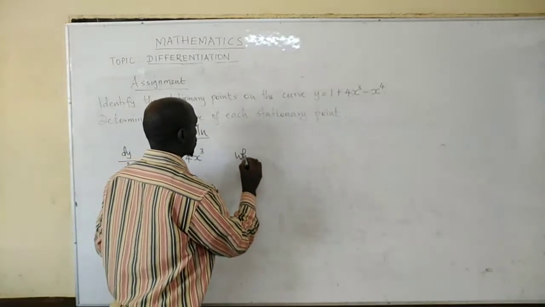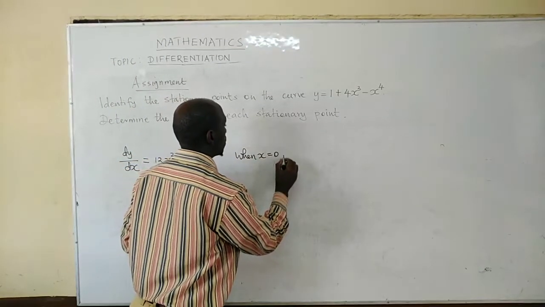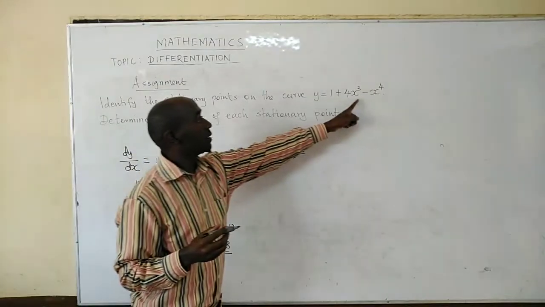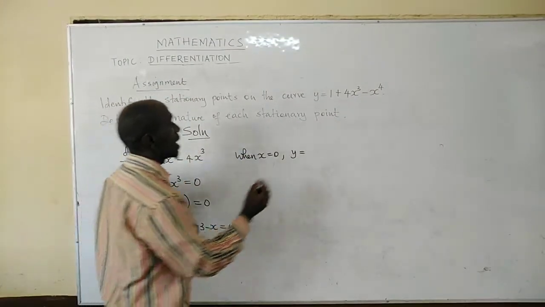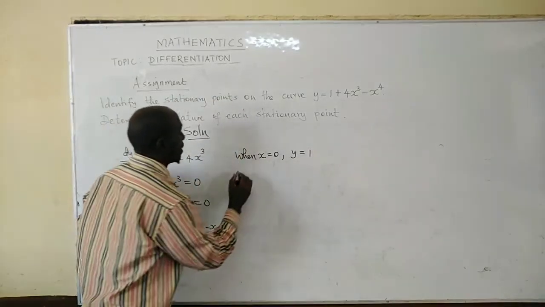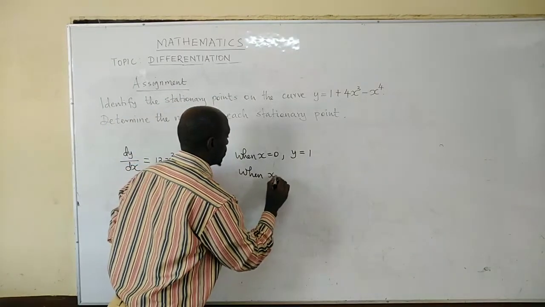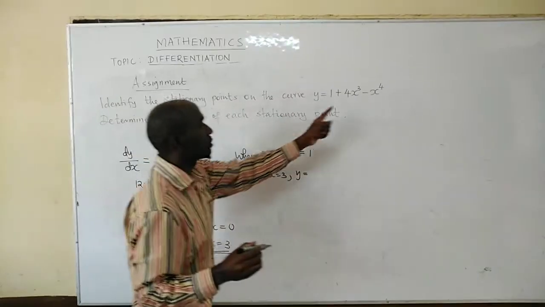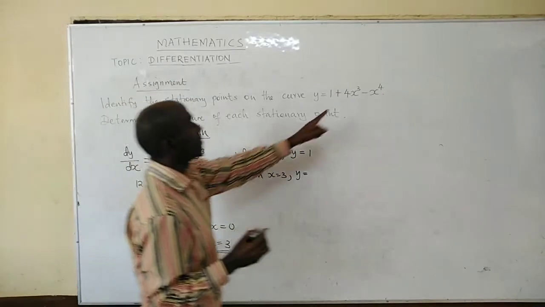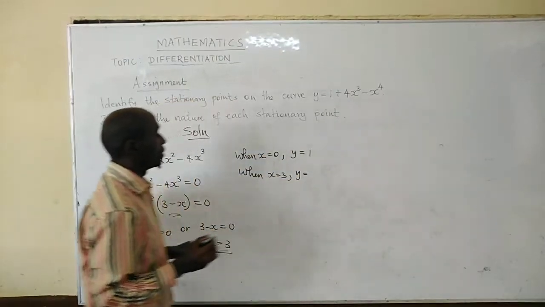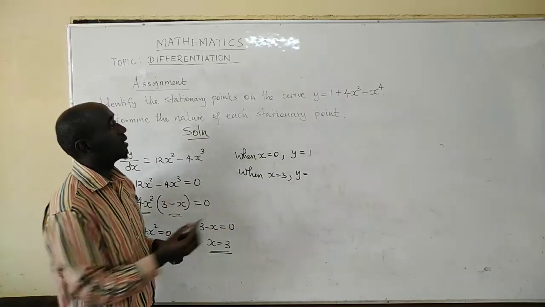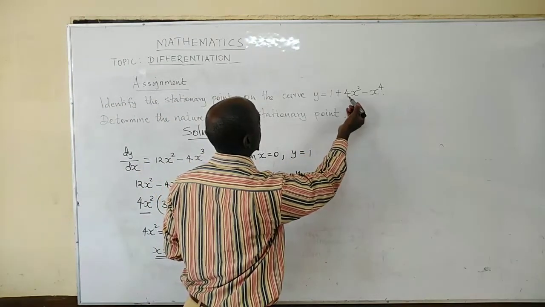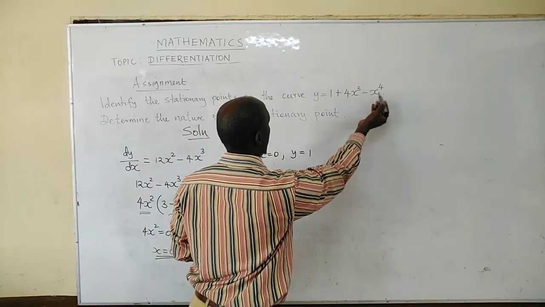When x is equal to 0, what is y? Use the original equation. When x is equal to 0, y is equal to 1. When x is equal to 3, what is y? Use the original equation again. Put 3. You will have here 3 cubed, 27 times 4. Then here we have 3 power 4, 81.